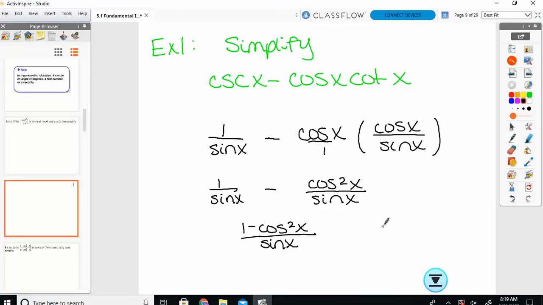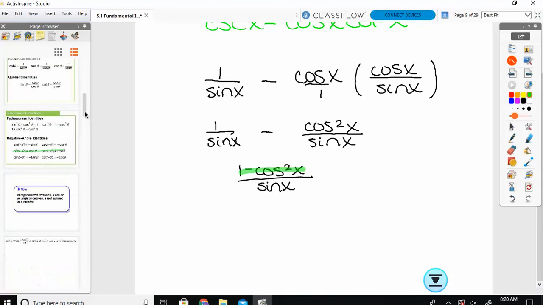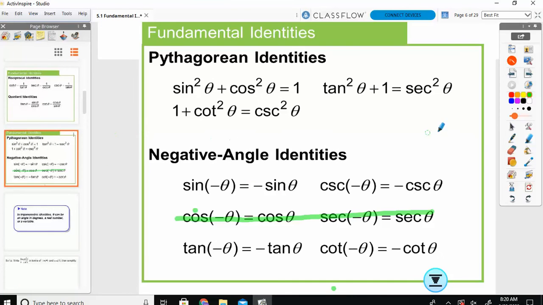All right. Any ideas how else we could simplify this? Do I know what 1 minus cosine squared would be equivalent to? Look at your identities. We have this identity right here: sine squared plus cosine squared equals 1.